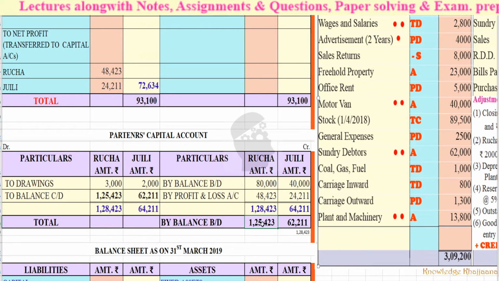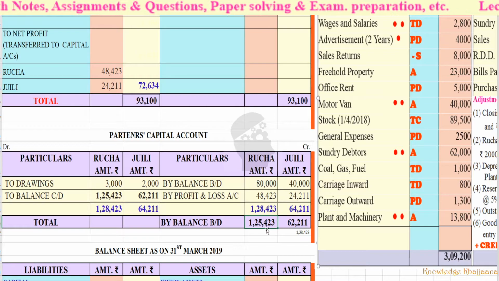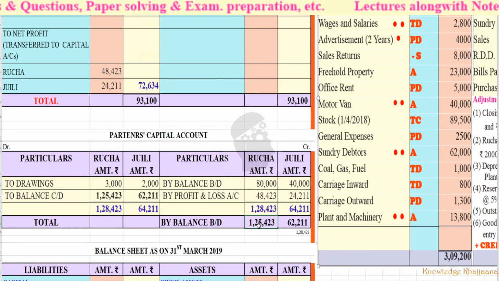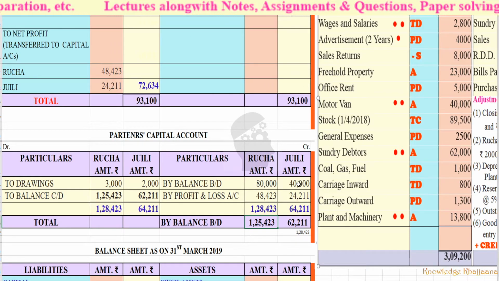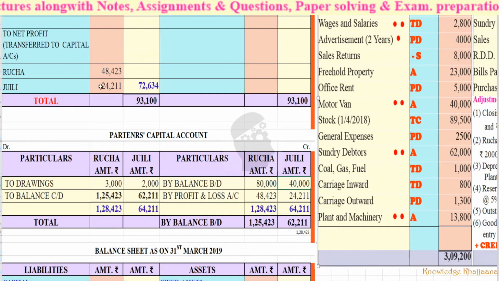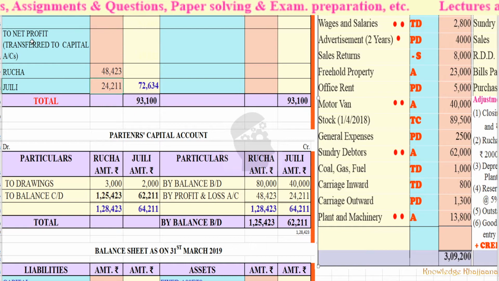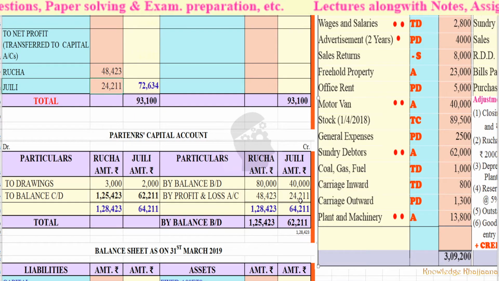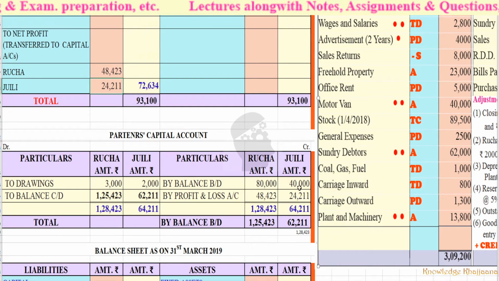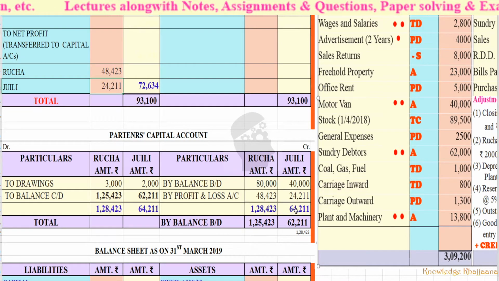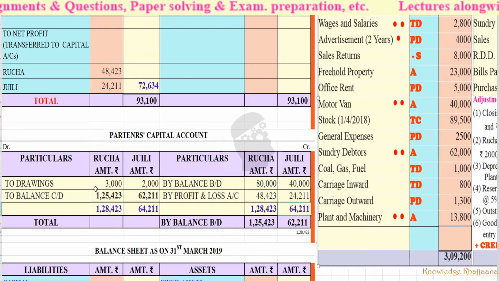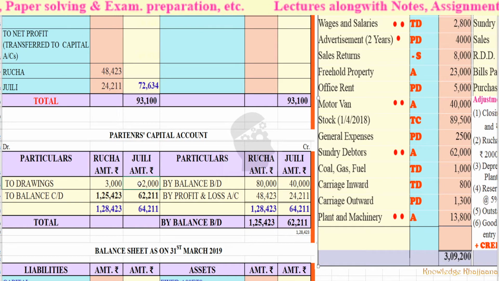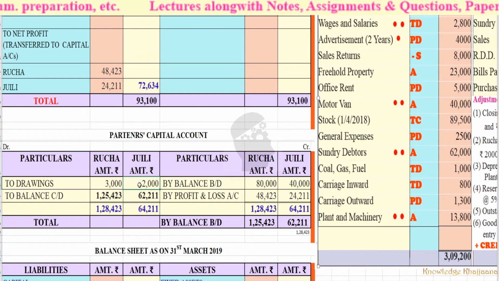So what is the total amount of capital of Rucha? It is rupees 1,25,423. Similarly, Julie's capital, we had taken 40,000 over here. The share of Julie's profit transferred from profit and loss is rupees 24,211. So the total credit side of Julie is rupees 64,211. But Julie had withdrawn rupees 2,000 worth of goods.